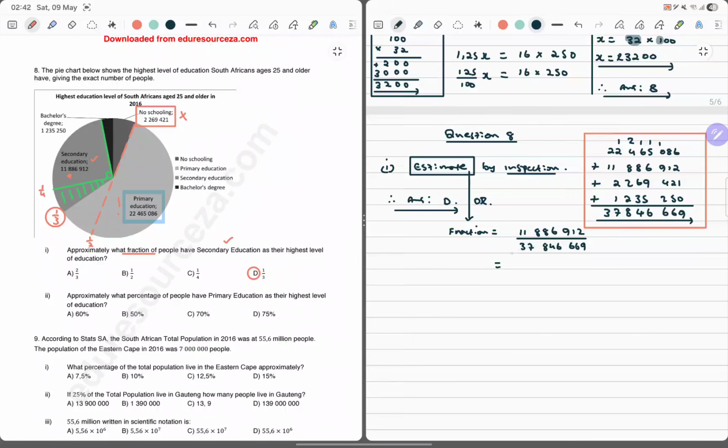Again, you see, this is horrible. So you can't do this. But we can estimate, as I said. This is an estimation. So what is this close to? It's close to 12 million. Maybe.